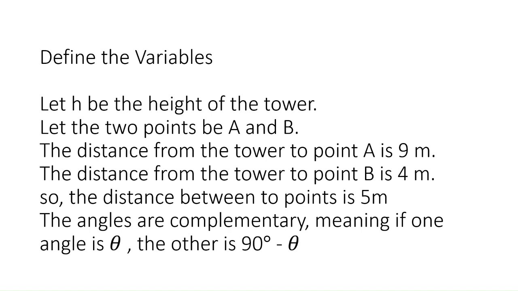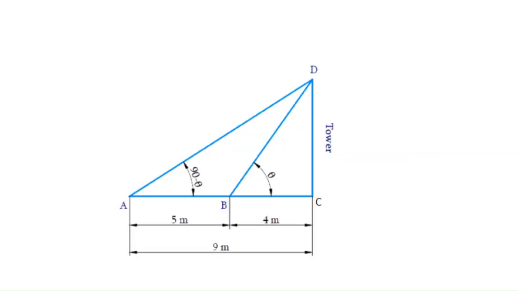Now see here, this is the tower whose height we are going to calculate, and this is the first angle of elevation, theta, from point B, which is at a distance of 4 meters, and the other angle of elevation is 90 minus theta from the second point A, which is at 9 meters distance. So the distance between A and B is 5 meters. Clear?